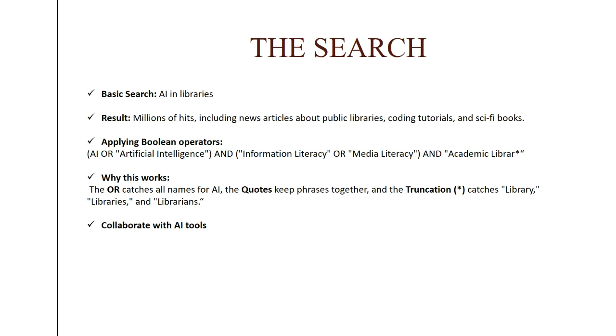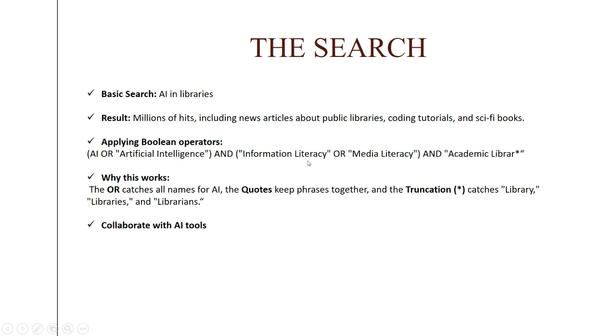So I can apply Boolean operators like this. This one is more of a combination. This is nesting, the last one that we talked about, because it has combined AI or artificial intelligence and information literacy.